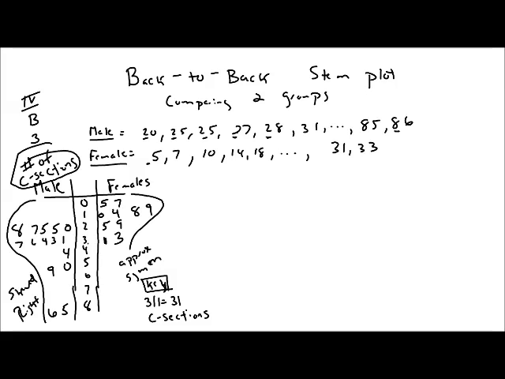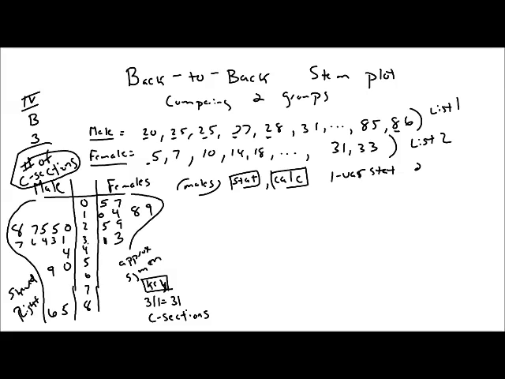Now let's describe or compare. Again, this is quantitative data, so we're going to use GSOCs. So what do we do? So we put this into list 1, put this maybe into list 2, and then for the males, you're going to do stat, calculate, 1-Var Stats, and then second 1 for list 1.